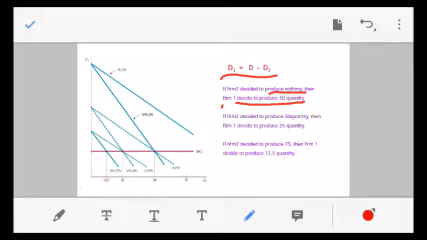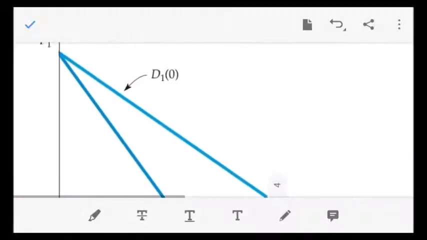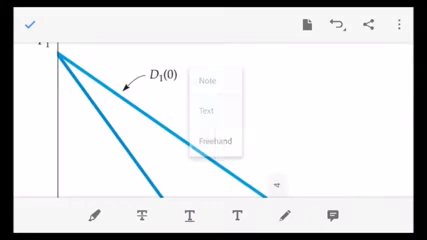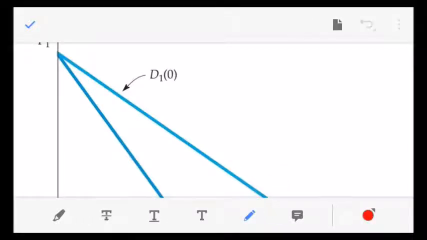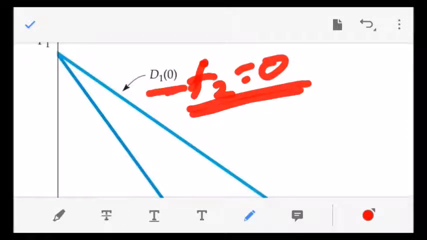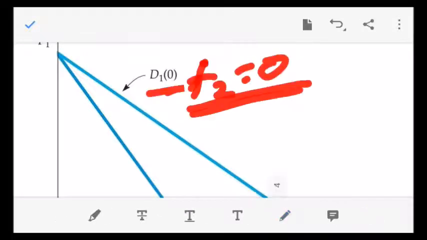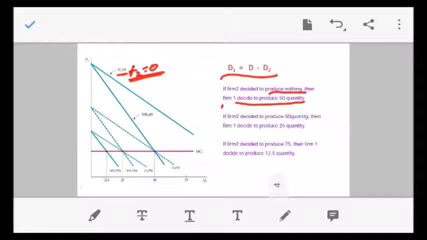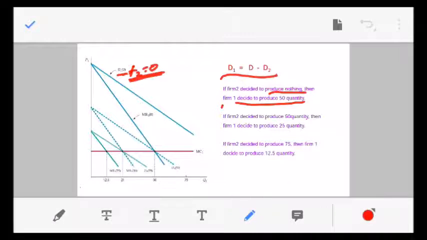How is that possible? D10 means the demand curve faced by firm 1 when firm 2's production is 0. D1 is the respective demand curve and MR1 is the respective marginal revenue curve.